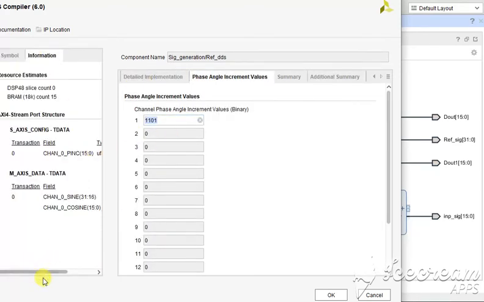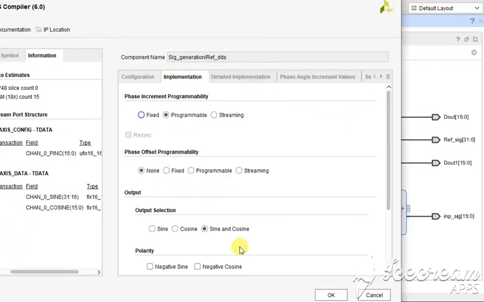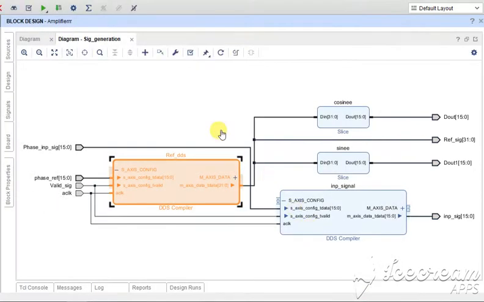Similarly, you can see that we have selected sine and cosine here. So this represents that the higher 16-bit data or MSBs are known as sine and the LSBs are known as cosine signal.